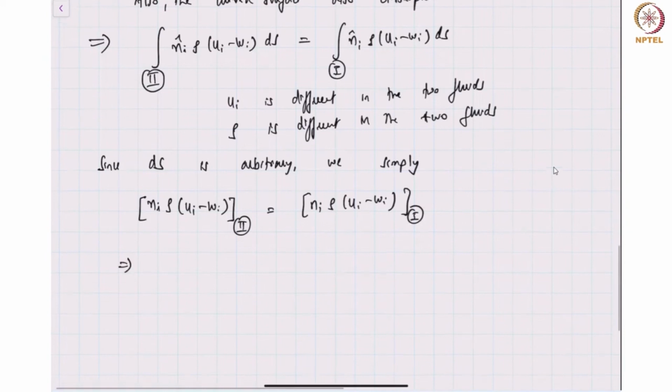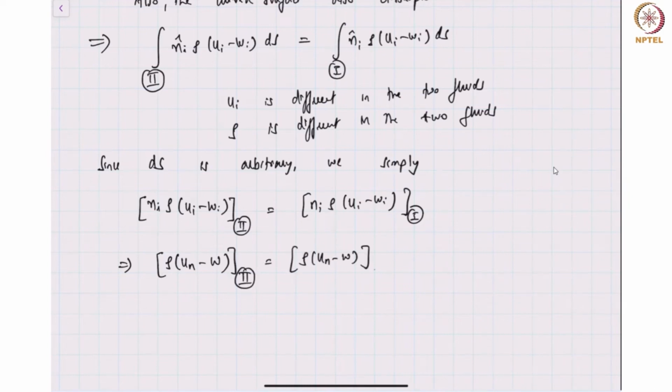But you can also say, what is ni times (ui minus wi)? It is just n dot u, or that is nothing but rho times (un minus w) in region 2 is rho (un minus w) in region 1. Okay, so this is basically the first jump condition here.